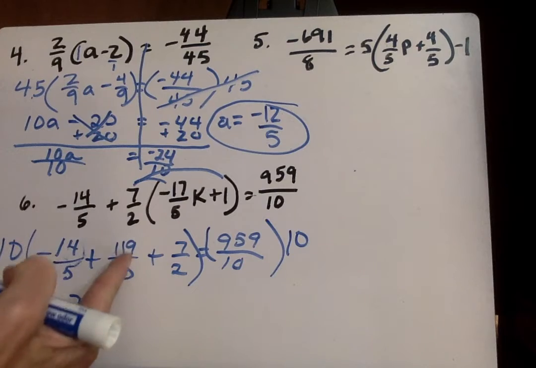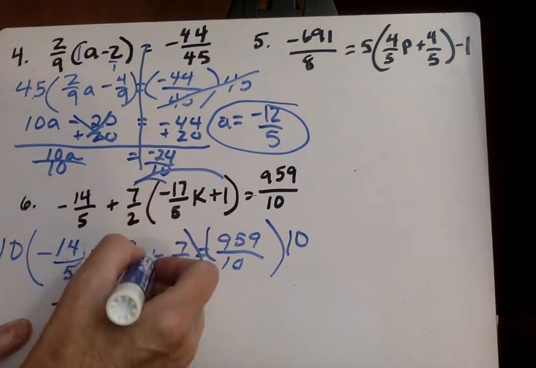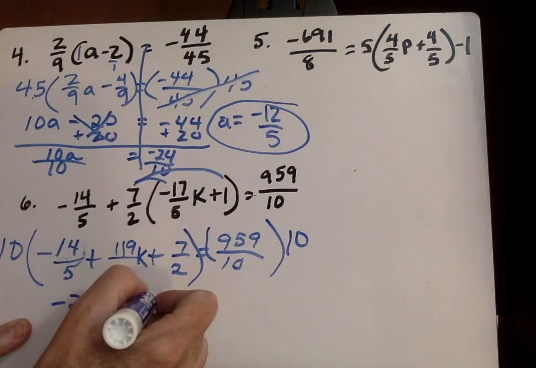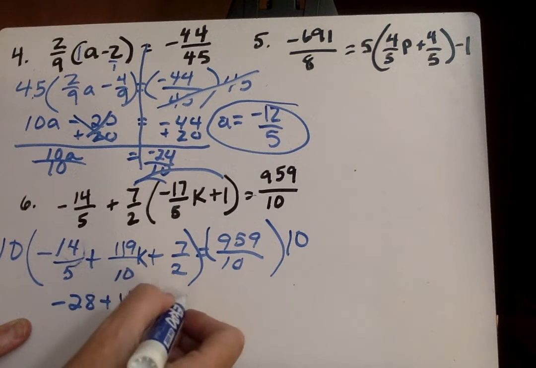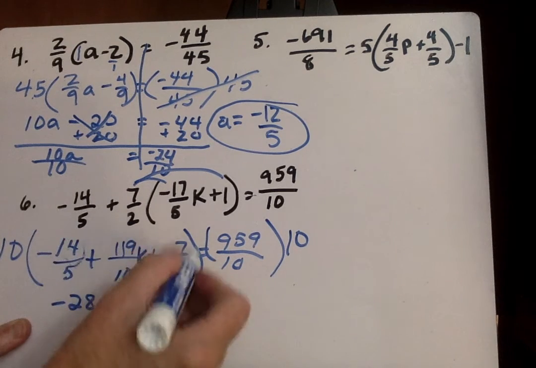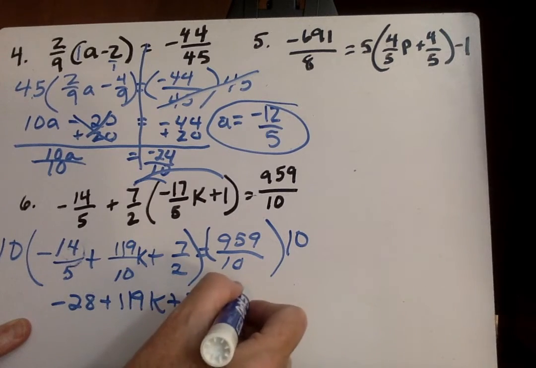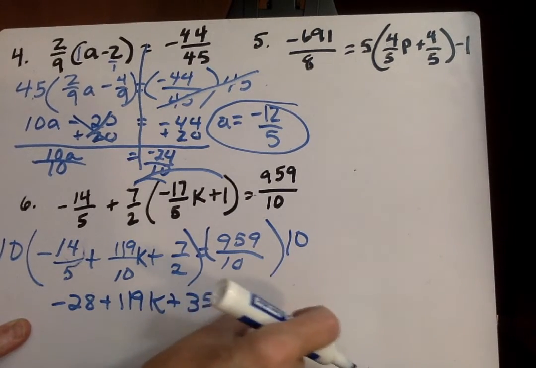If it's exactly 10, we just put the number that's on top. Oh, I forgot my K right there. And this 10 times, that 2 goes into 10, 5. 5 times 7 is 35. And that equals 959.